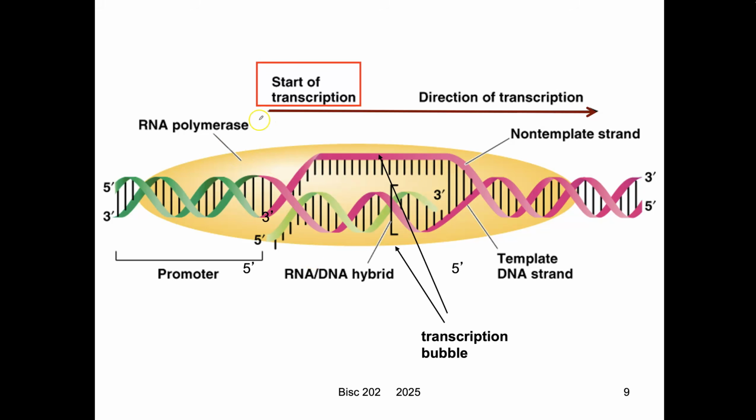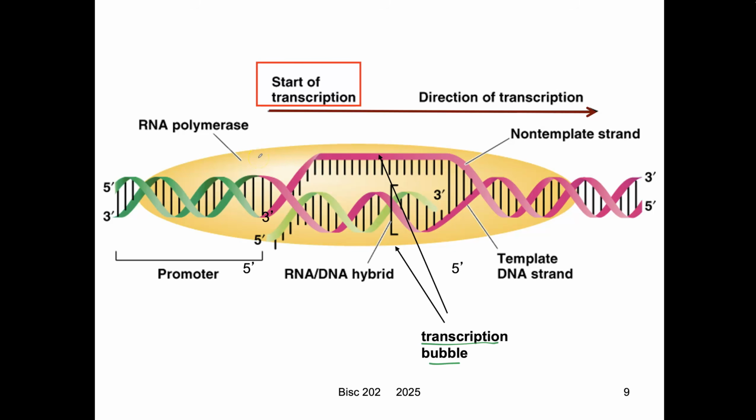Okay, so here's a schematic. This is your DNA strand here. Notice it's opened up and there's what looks a little bit like a replication bubble. It's called the transcription bubble because that's sort of what it appears like. This is the RNA polymerase. Now the RNA polymerase is not just one protein.